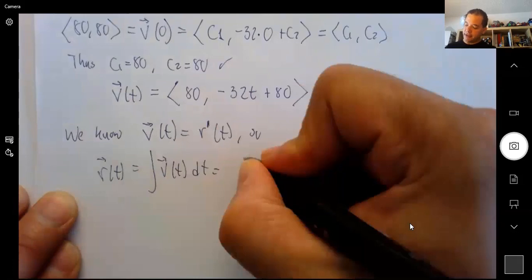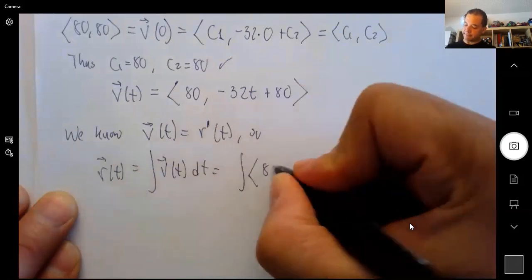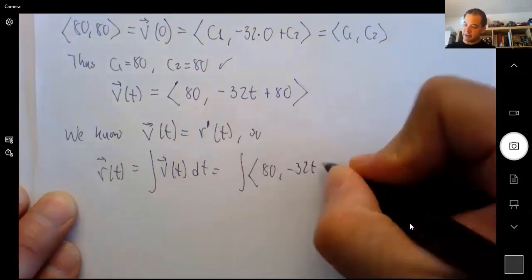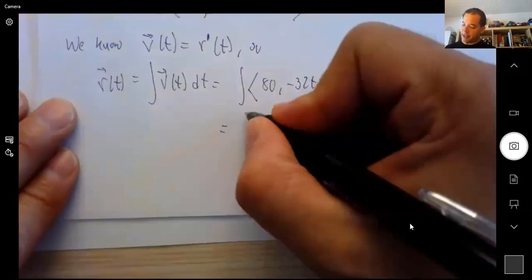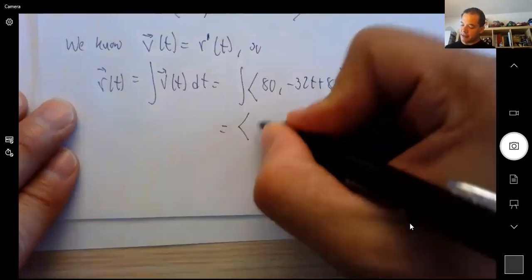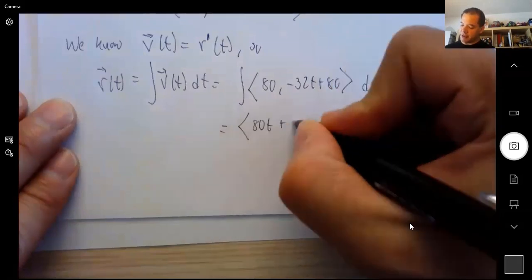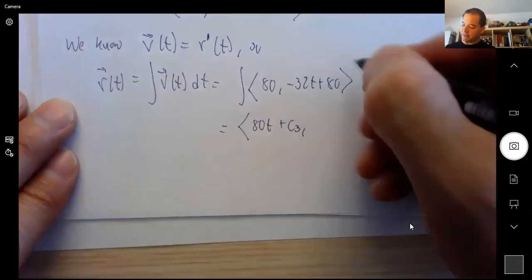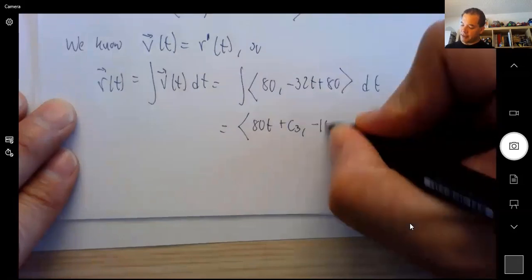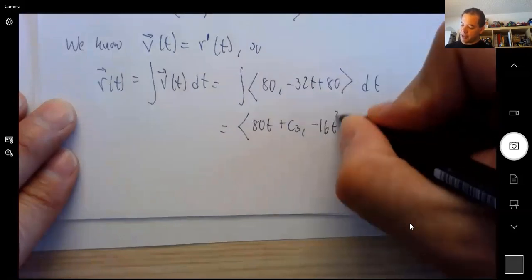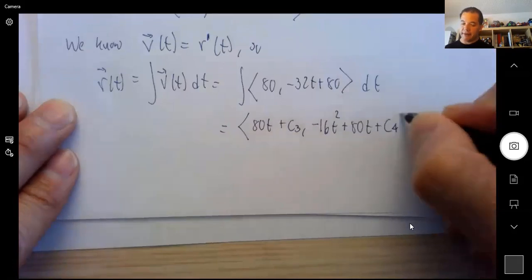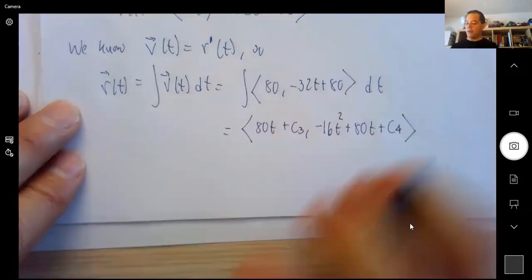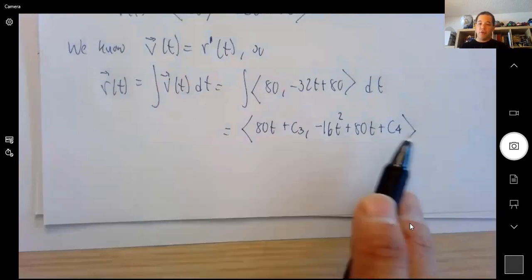So we integrate this with respect to time, and that's the integral of 80. That's 80t plus c3, and the integral of this, which is negative 16t squared plus 80t plus c4. And we're almost done. We only need to figure out c3 and c4.